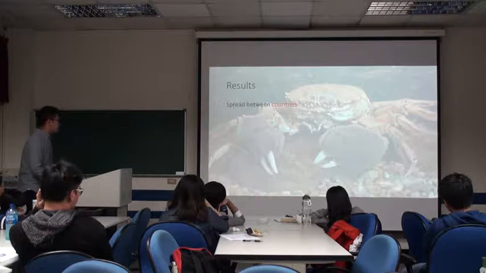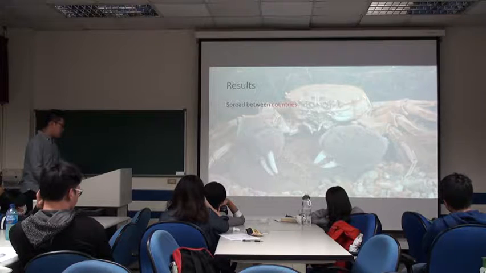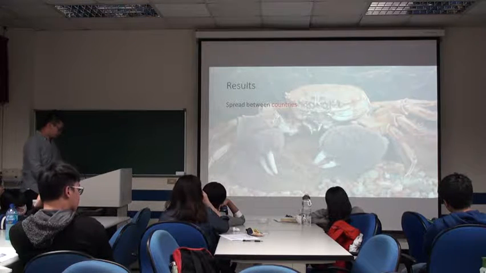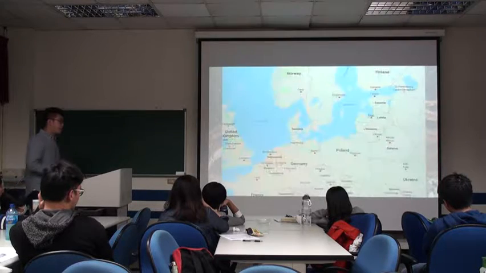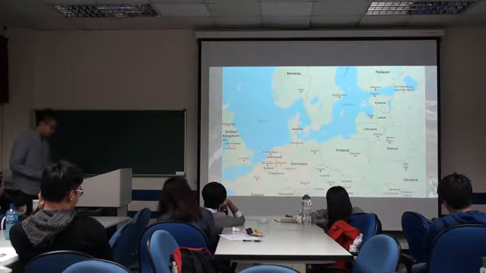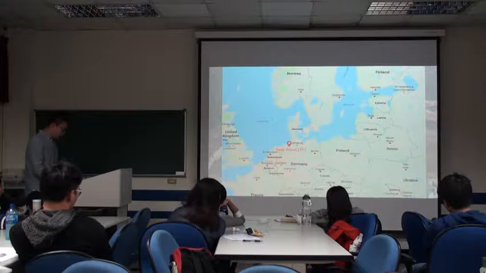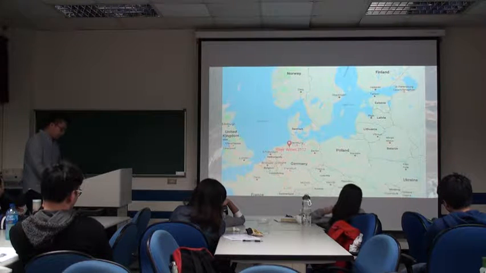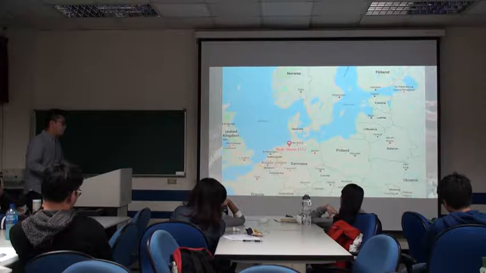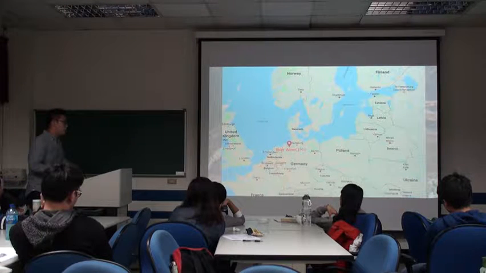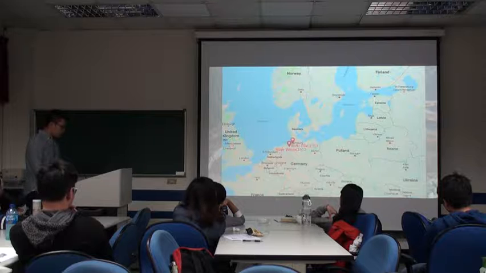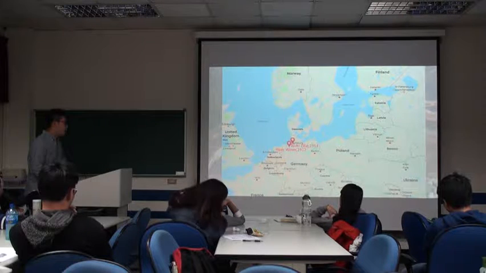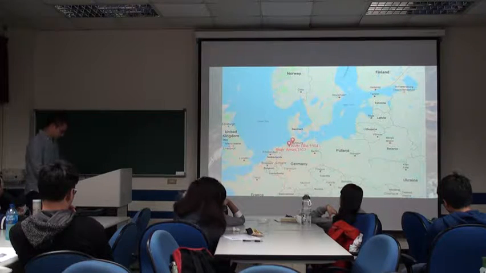Here comes the result. First I'll talk about the spread between countries. Here is the timetable. I think it's really boring, so I put it into a map. First, the first record of the crab was found in the River Weser in 1912. Two years later, a nearby river, the River Elbe, was also found.